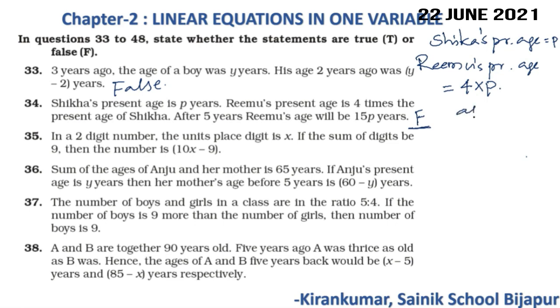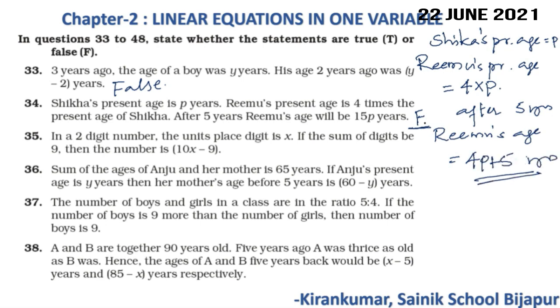So after 5 years, Remove's age will become 4 times p plus 5 years. So it cannot be 15p years, it will be 4p plus 5 years.